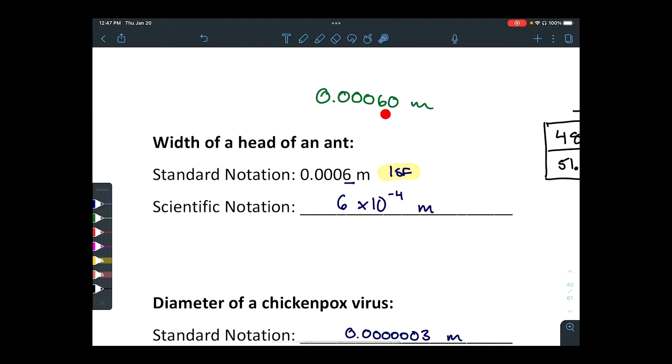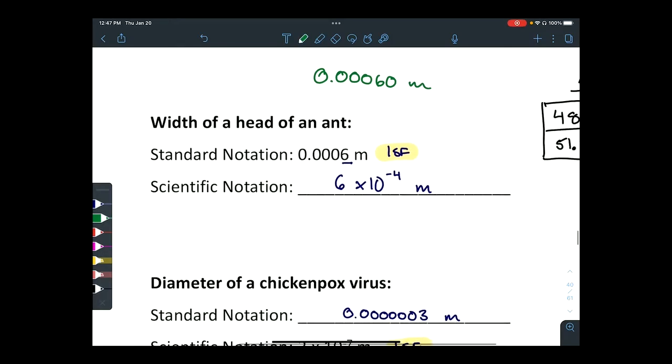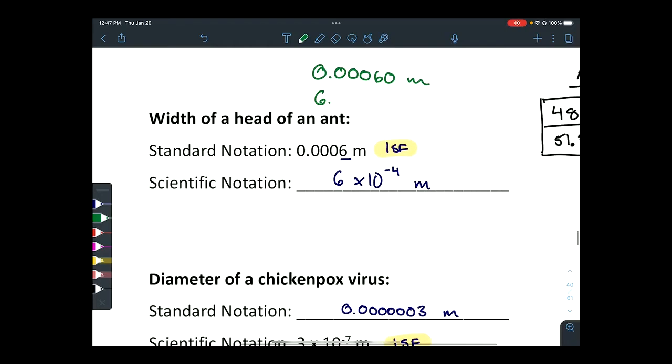How many significant figures are there? 2. Because there's a decimal in it, that last 0 counts, because I took the extra time to write that last 0, so we want that to count as a significant digit. So if we wanted to write that number in scientific notation, we would do 6.0 to convey 2 sig figs, times 10 to the -4 meters.